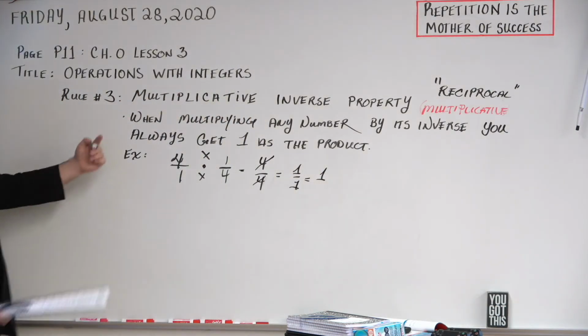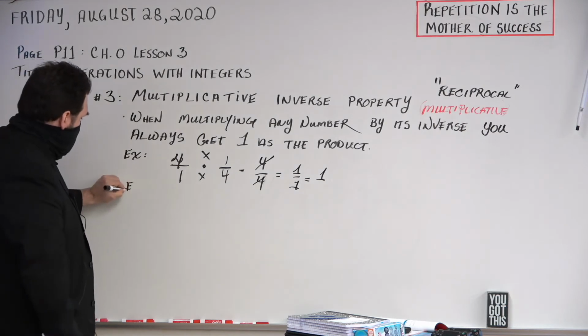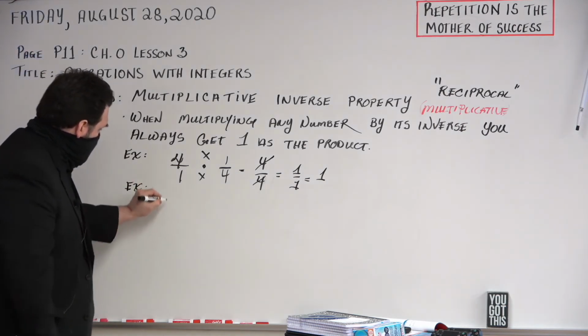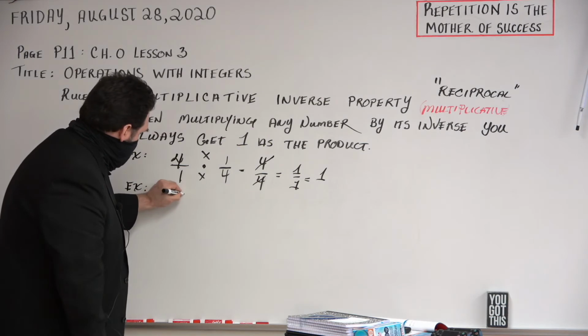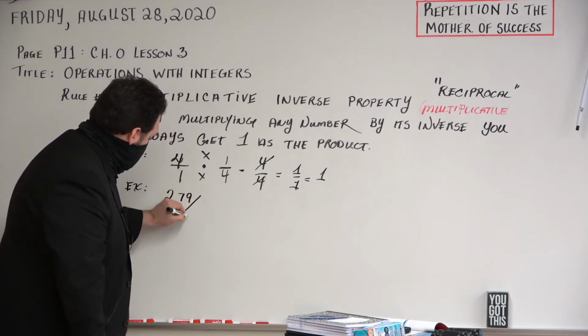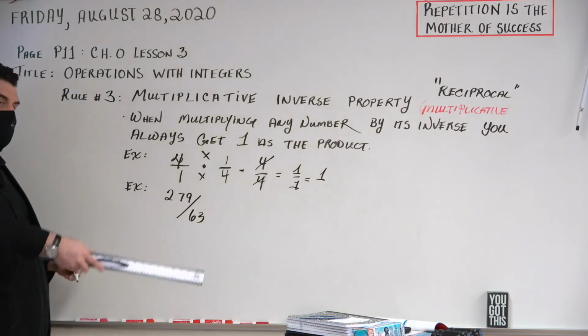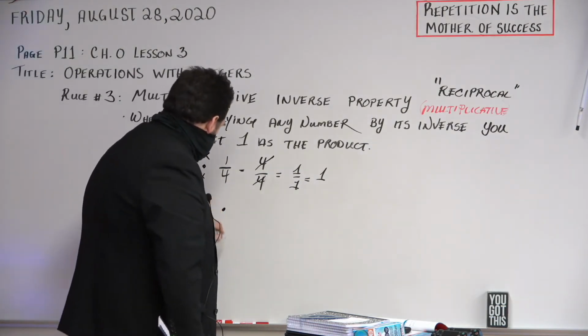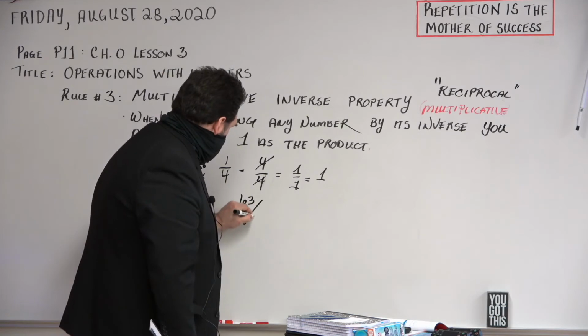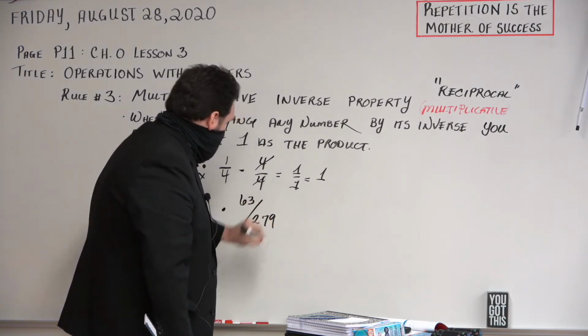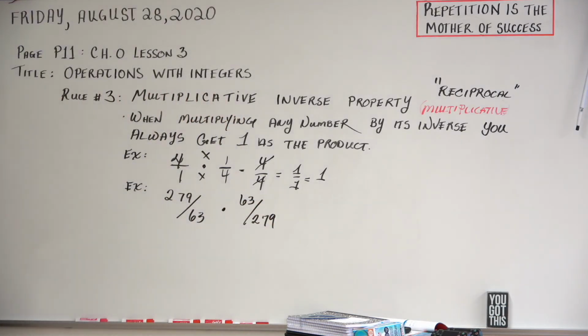Okay? And I just want to show an extreme example so this gets in your head. We'll do 279 over 63 times its inverse, times 63 over 279. Now the good news is you don't have to do any math. Look what happens.